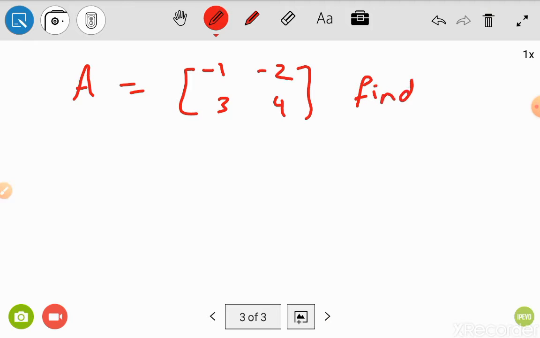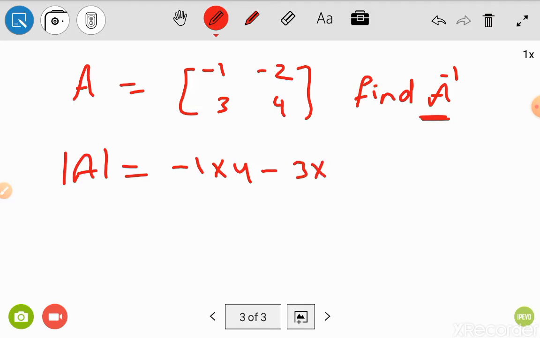Find A inverse, the multiplicative inverse to this matrix. The first step, the determinant of A equals -1 times 4 minus 3 times -2. Here -4 plus 6, the answer will be 2, does not equal 0. So you can get the inverse to this matrix easily by using the previous rule.